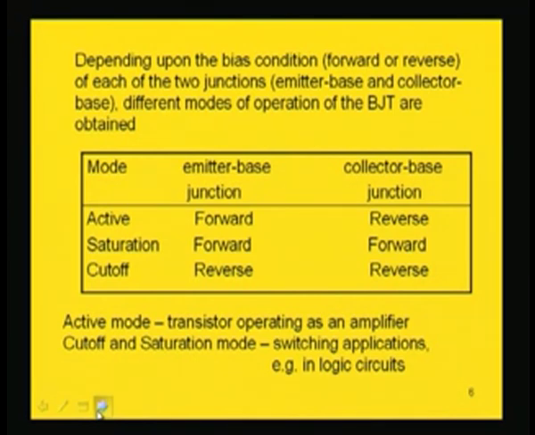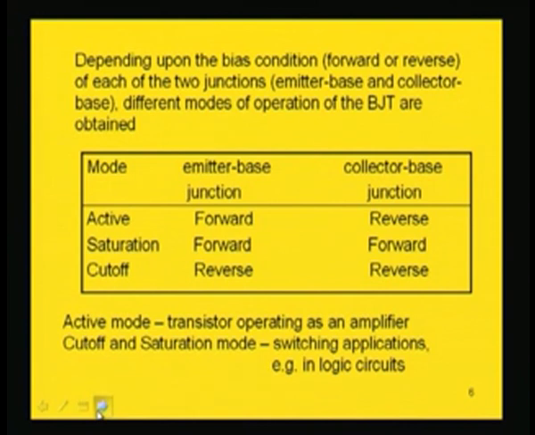In this mode of operation, both junctions are differently biased, that is, the emitter base junction has to be forward biased and the collector base junction has to be reverse biased. This is for the active mode of operation, which is normally the operating mode of a transistor.